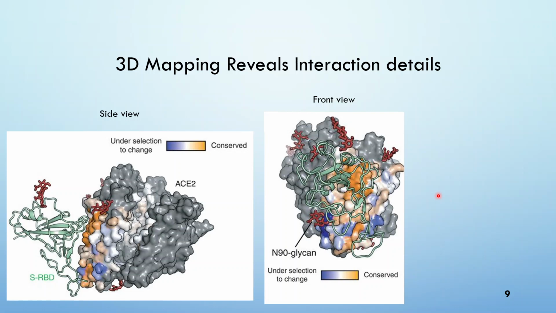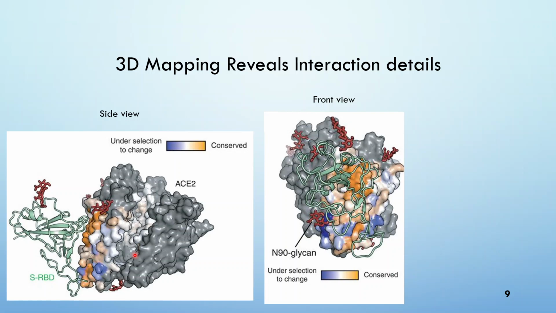While blue is sites that can be mutated to increase binding affinity, and then white is no effect on binding because it is tolerant to mutation.